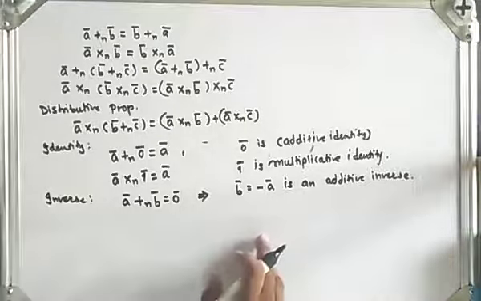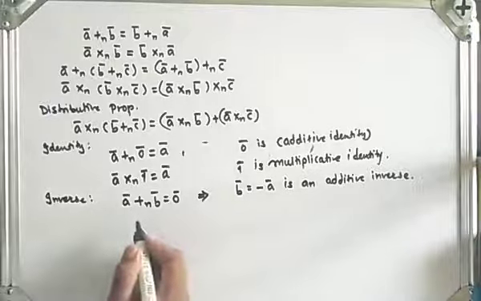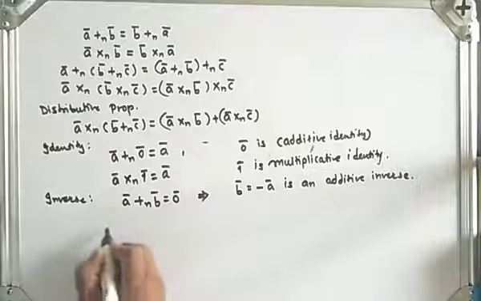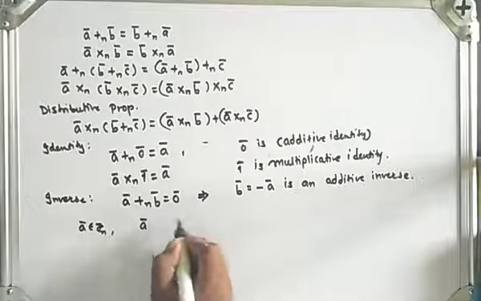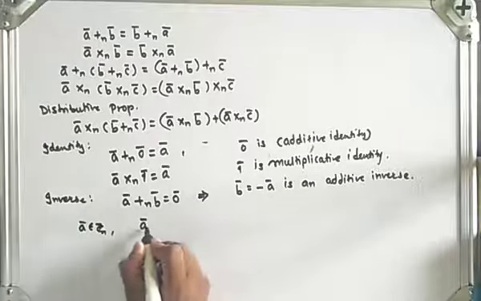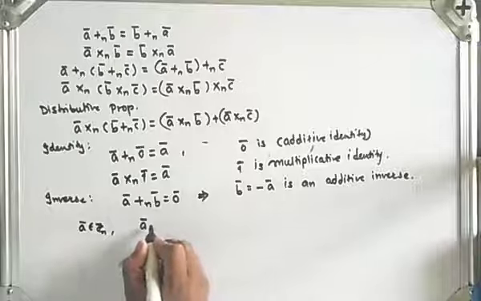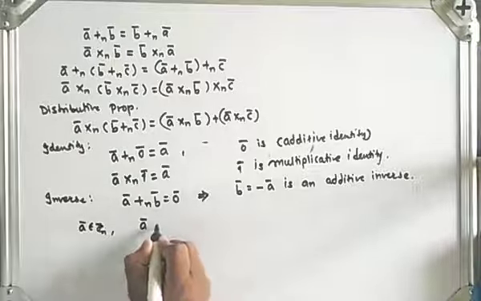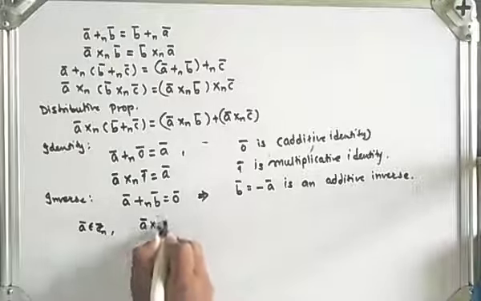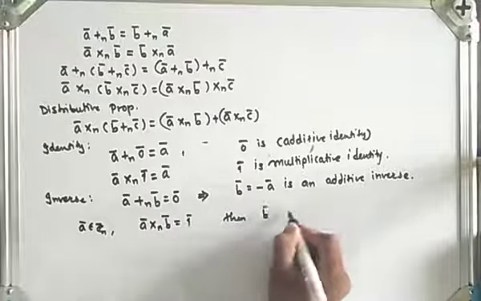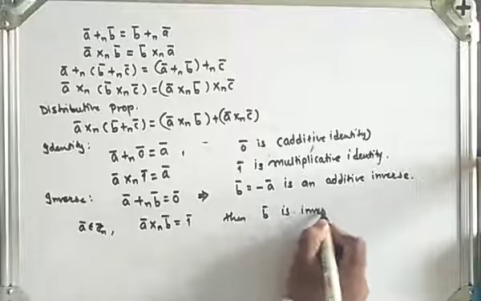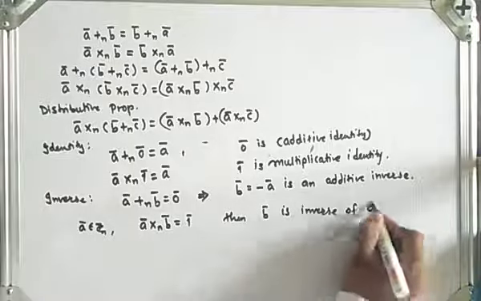And for the multiplicative inverse, for a bar belonging to Zn, here 0 is the additive identity. For the multiplicative inverse, we say that a bar has an inverse element if there exists an element b bar such that a bar multiplication modulo n b bar is equal to 1 bar. Then we say that b bar is the inverse of a bar.